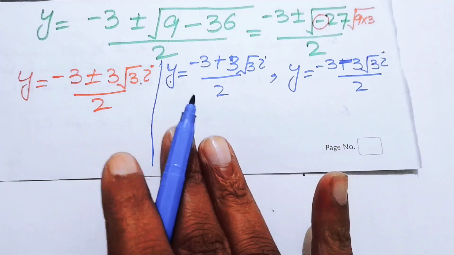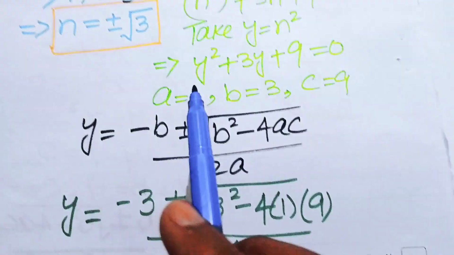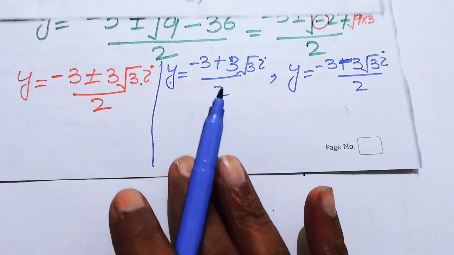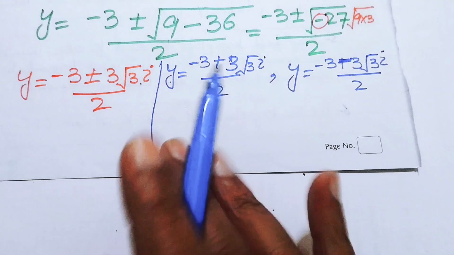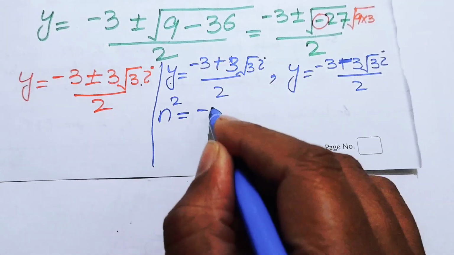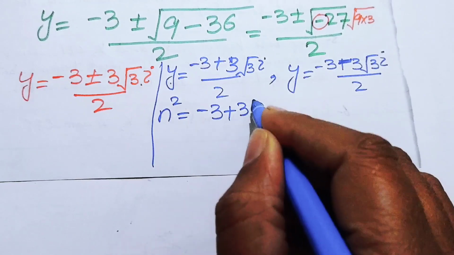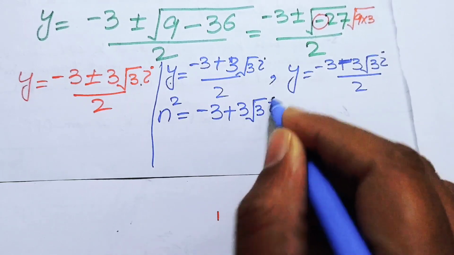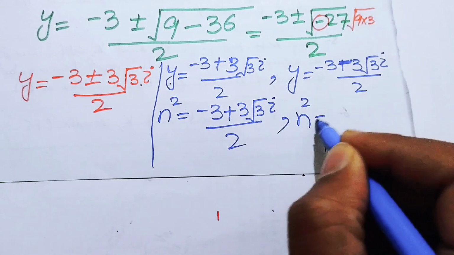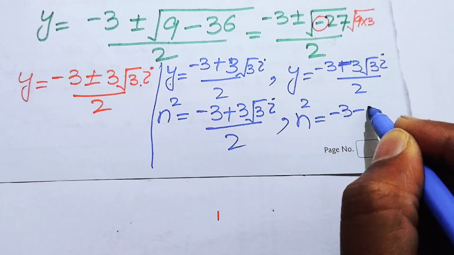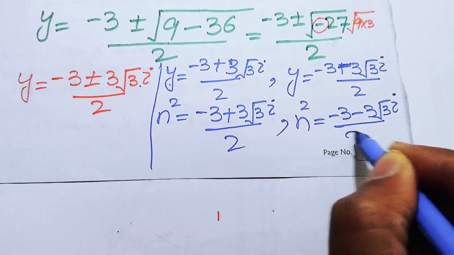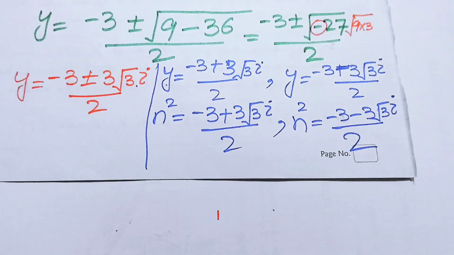And now we back substitute the value of y, and you see that we have y equals n square. So we back substitute this value of y here, and you get n square equals minus 3 plus 3 times square root of 3 iota divided by 2, and in the other case we have n square equals minus 3 minus 3 times square root of 3 iota divided by 2.